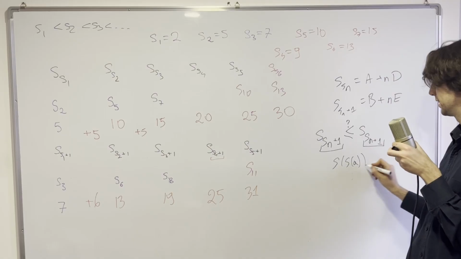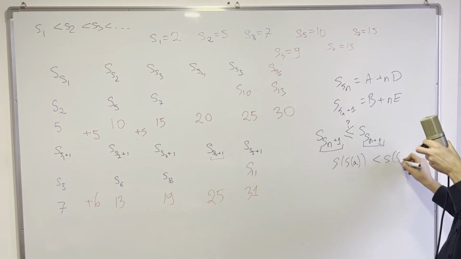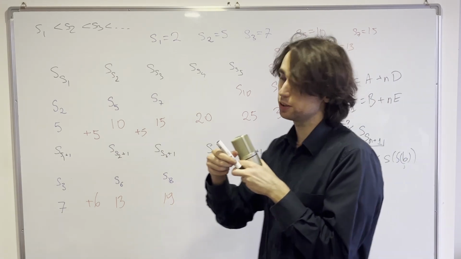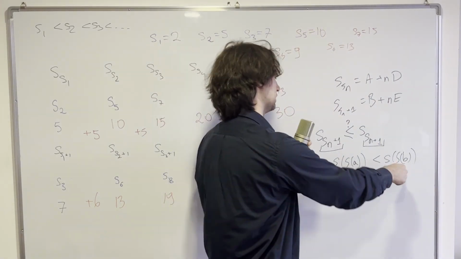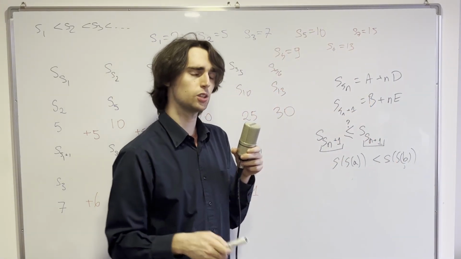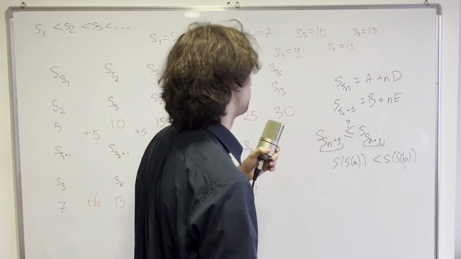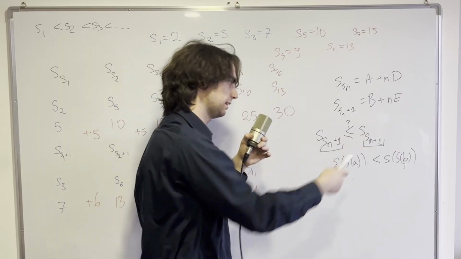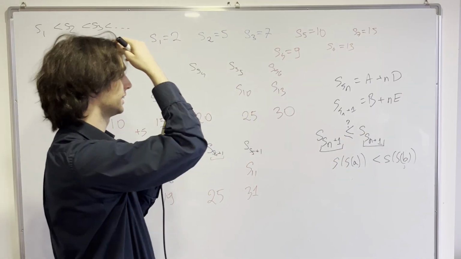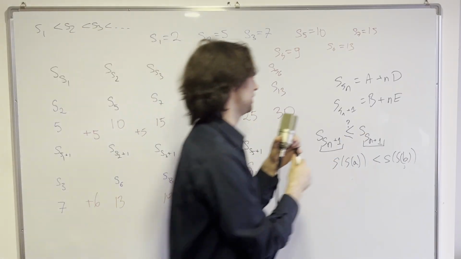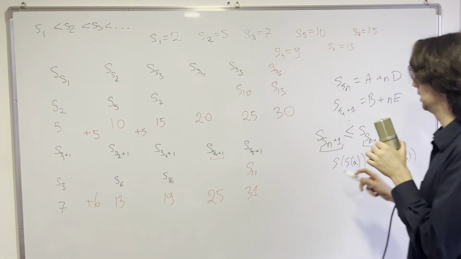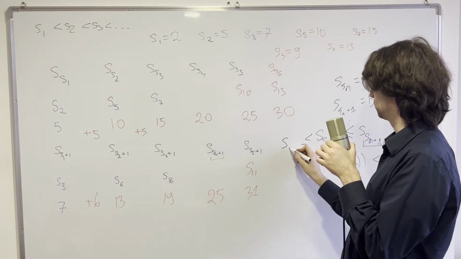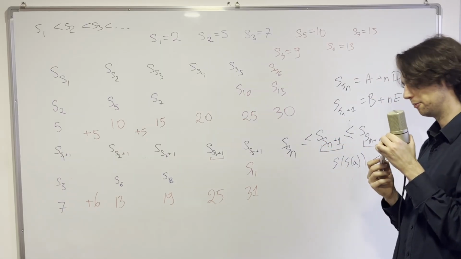And then you can say stuff like S of A is less than S of B. Just from the fact that S is increasing, you get that S of S is also increasing. So that's how we have this thing, which we know is true. And the other thing also follows directly, this is greater than or equal to S(n).